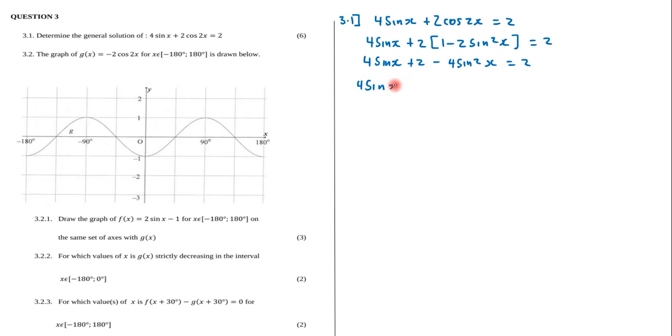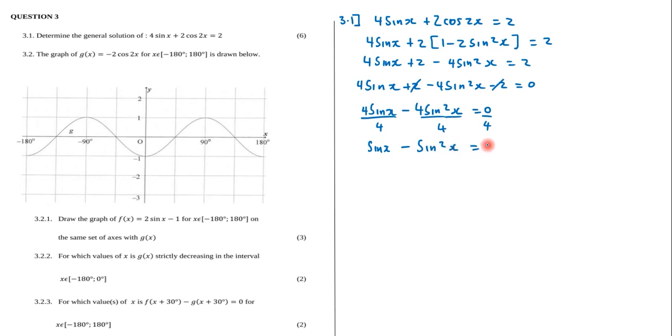When I bring this 2 to the side, I have minus 2 sine squared x minus 2 equals 0. You can see this cancels with that. And now I have 4 sine x minus 4 sine squared x equals 0. So I'll divide by 4. Then I'll have sine x minus sine squared x equals 0.